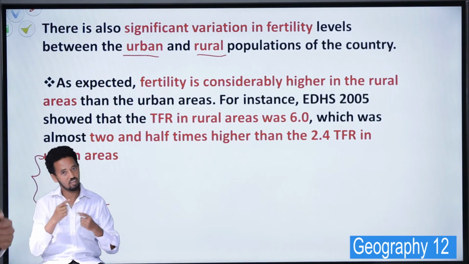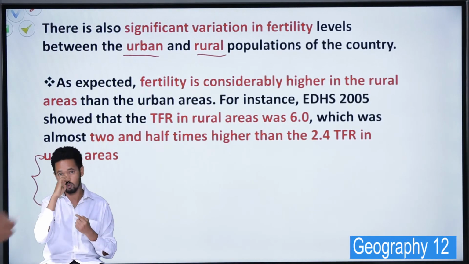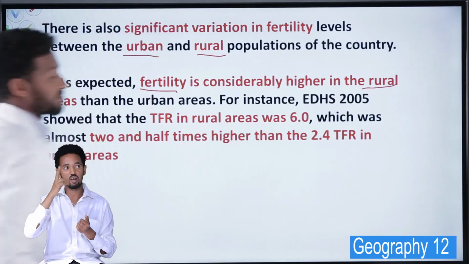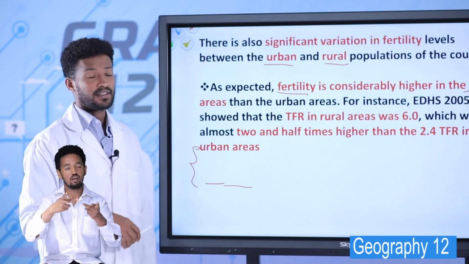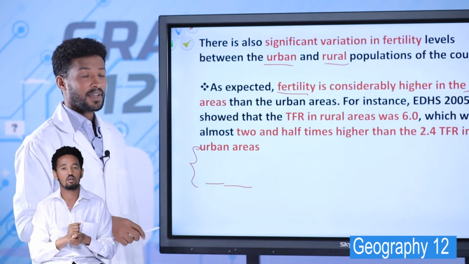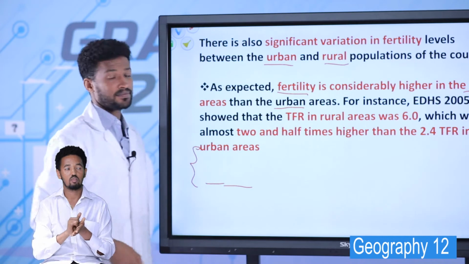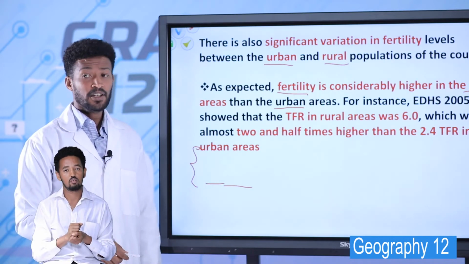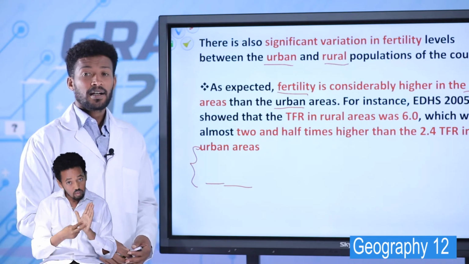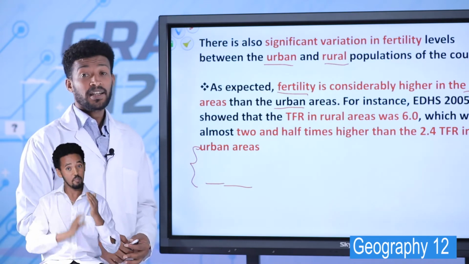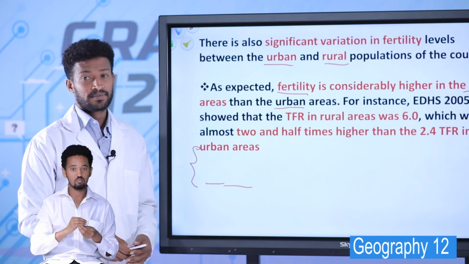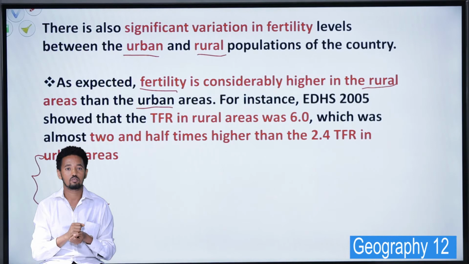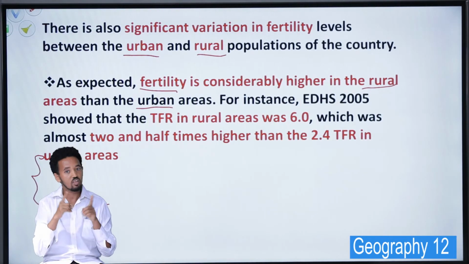So when we come to Ethiopia, fertility is higher in rural areas in general than in urban areas. This means a higher number of births occurs in rural areas than urban. What is the evidence? The evidence is here.